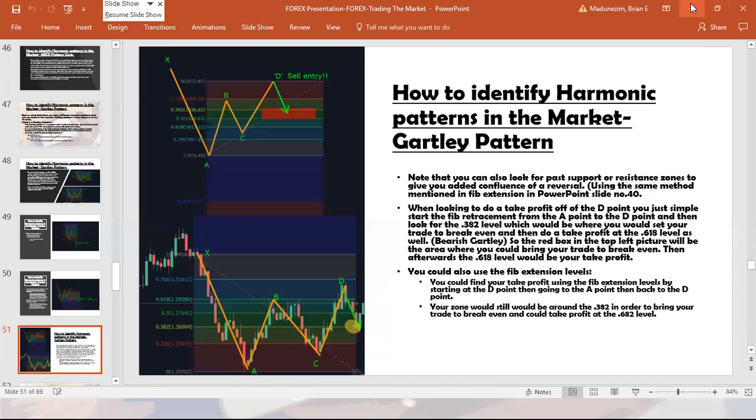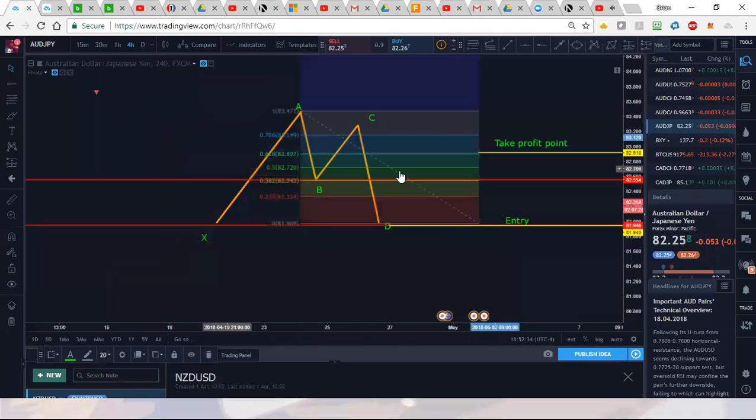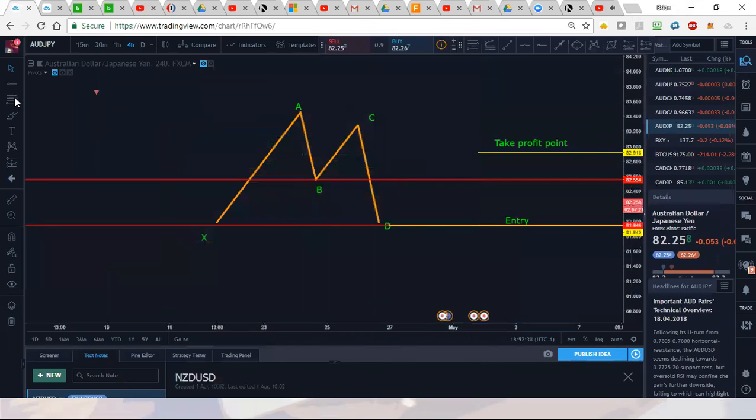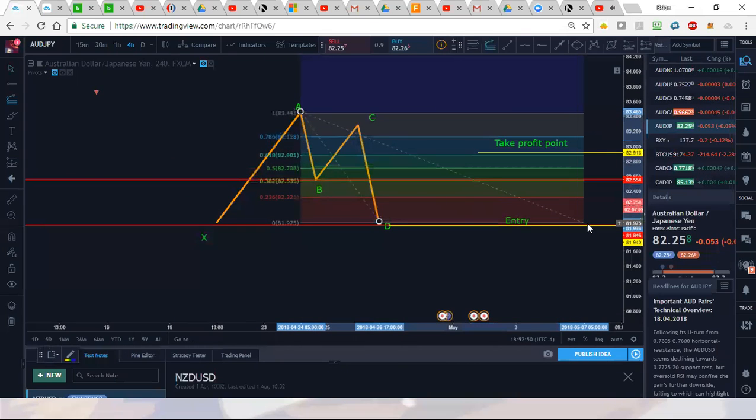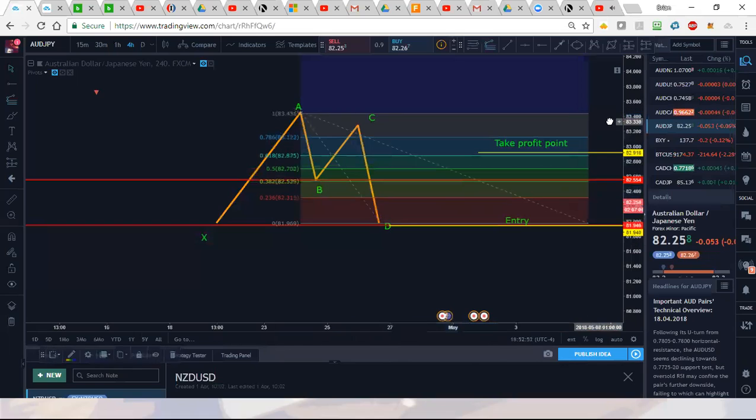So let me do that real quick. Let me delete the fib retracement tool. So you go from D. And there you go. That's using the fib extension tool, and it's the same thing.